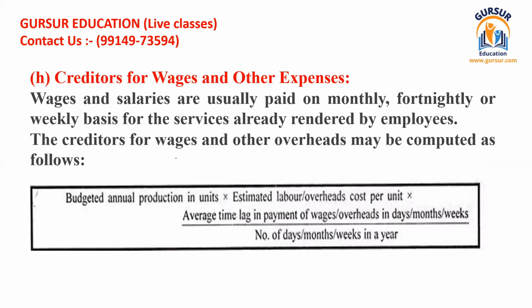Then the next one is creditors for wages and other expenses. These are persons like your labor or other such parties, for whom you have to make the payment.